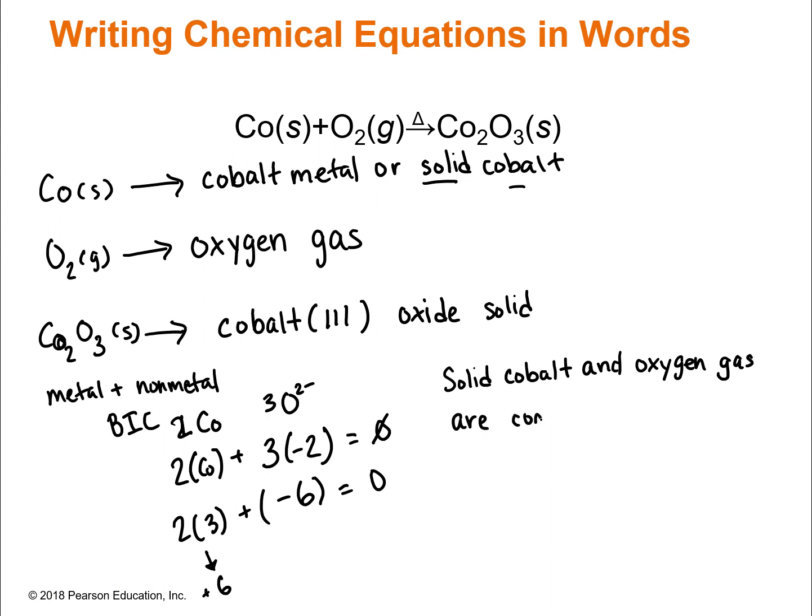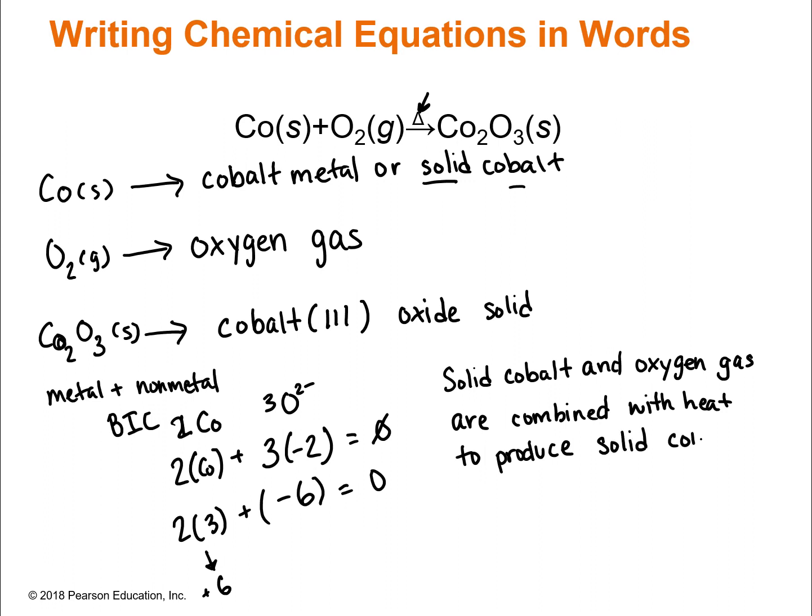Are combined, and we see this little triangle here, so that means there's heat. With heat, to produce, you could say to give, to produce, to yield, up to you.